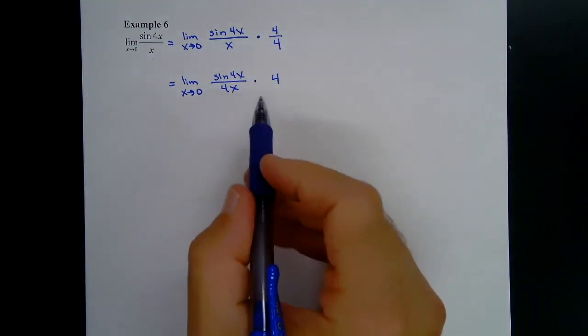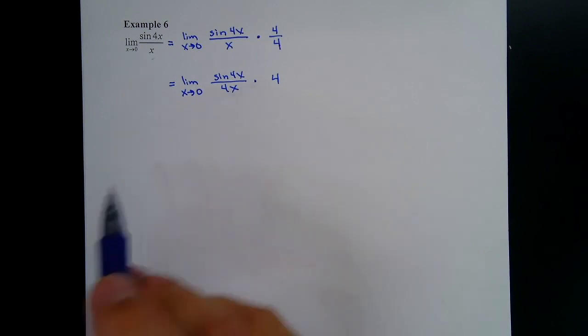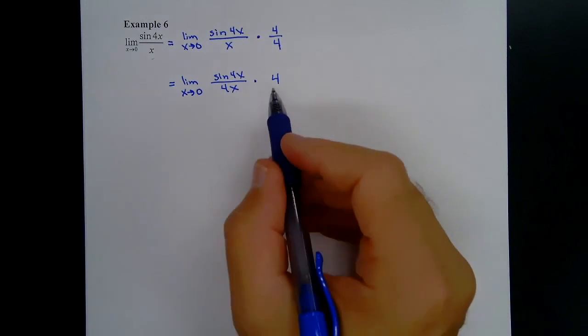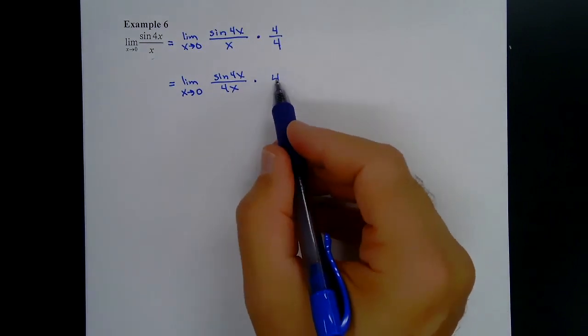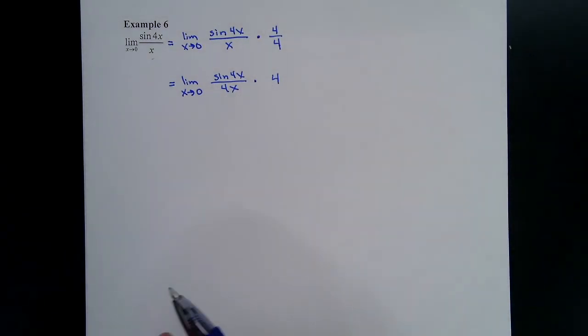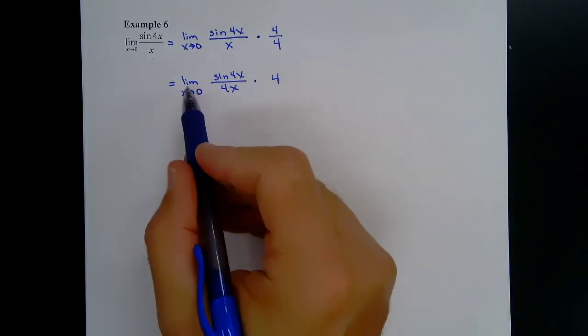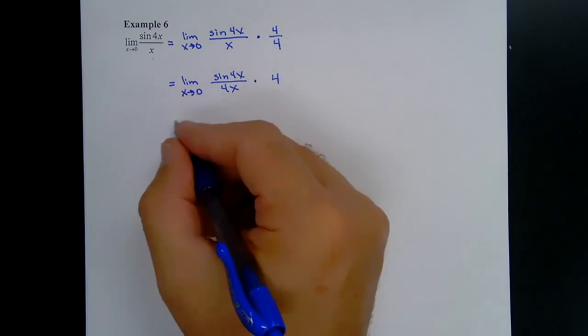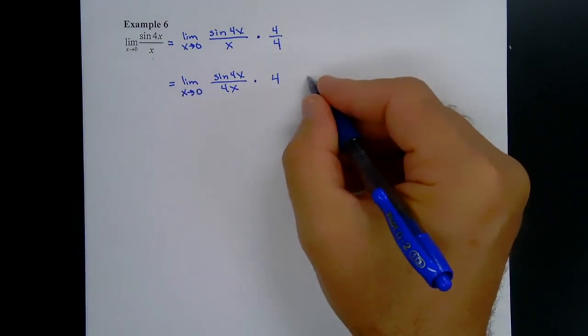Now, because this is a product, actually, I take that back. It is a product, but it's a special product where you're multiplying by a number, right? We can actually use the constant multiple rule. So since we're taking the limit of something times a constant, we can bring that constant out. So I'm gonna come off to the side here.